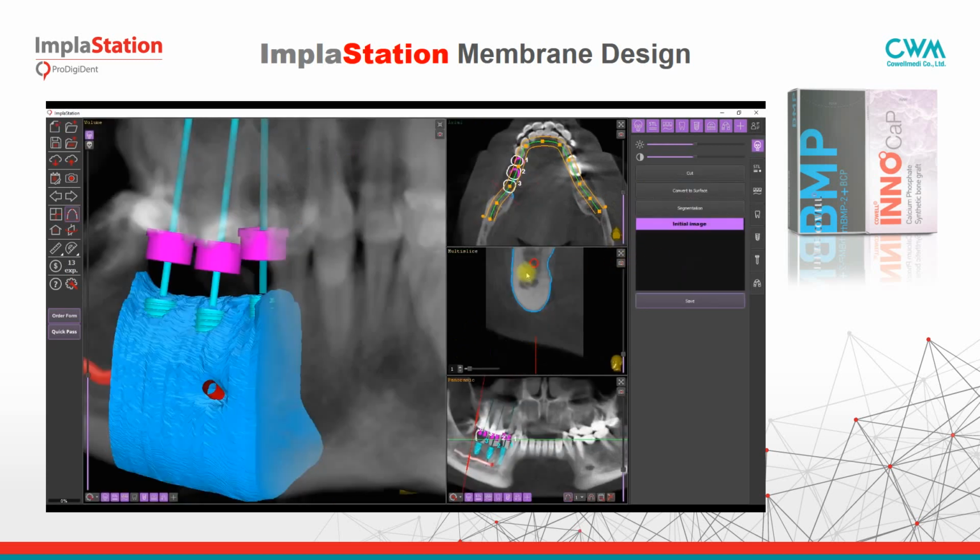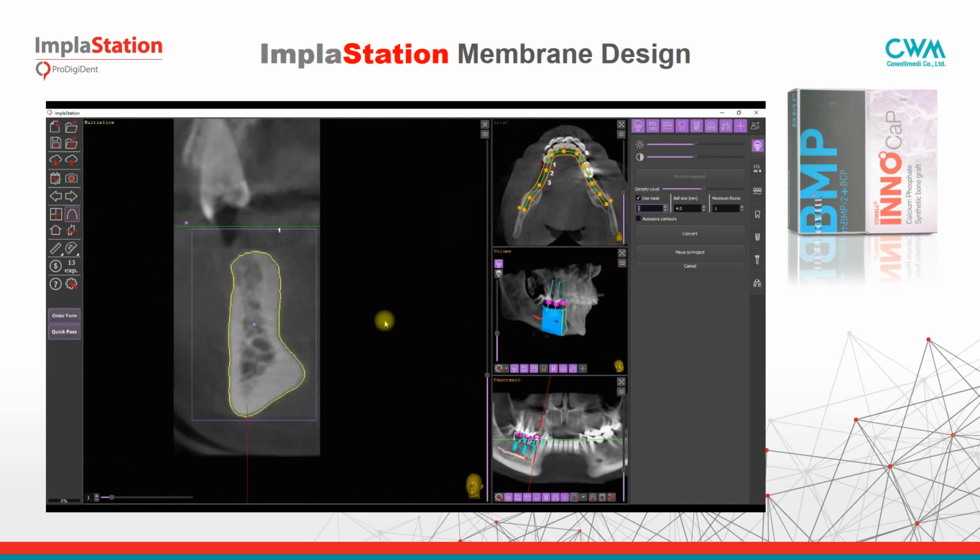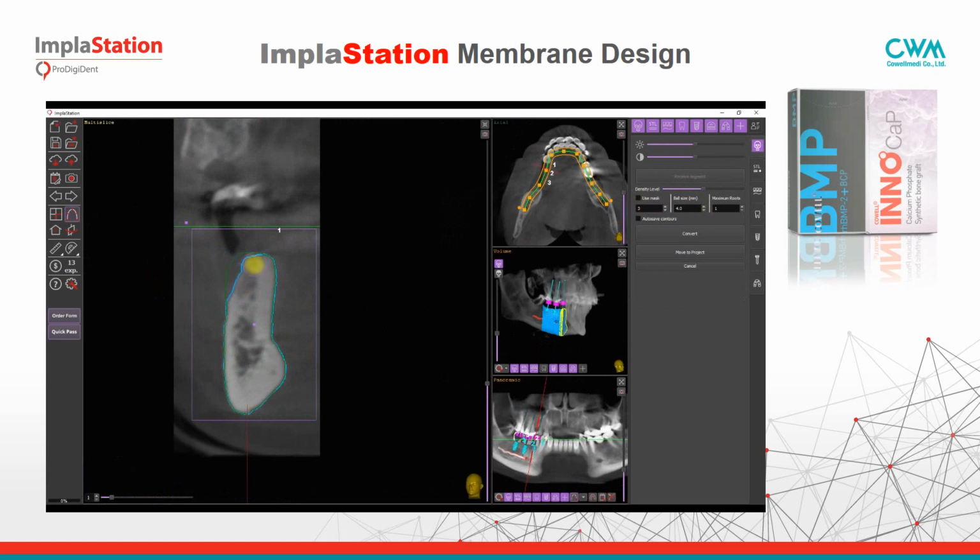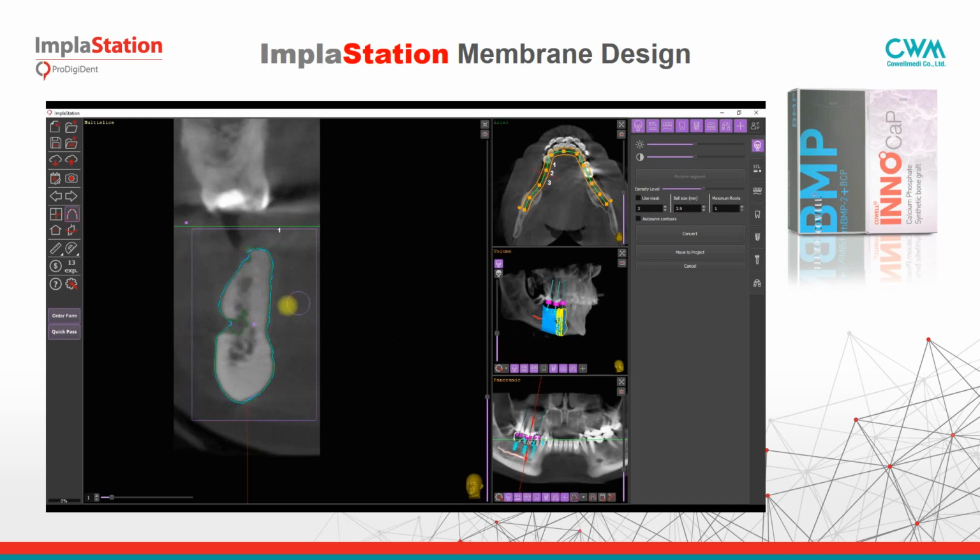You see there is not enough bone to cover the implant's neck, and at this step the operator can create the desirable bone shape, like an artificial bone cap.